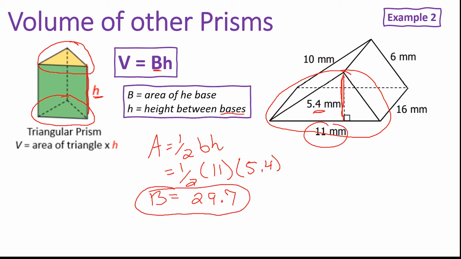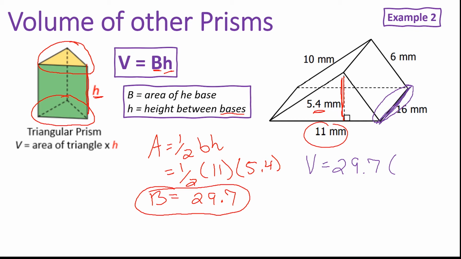Now I'm going to go back and plug it into the formula to find the volume of this prism here. So volume equals the base, which is 29.7, times the height, and the height is in between your two bases. The height would be the 16, and it is the 16 because it is in between your two bases here.